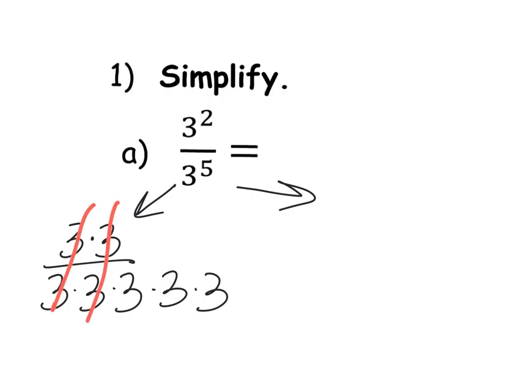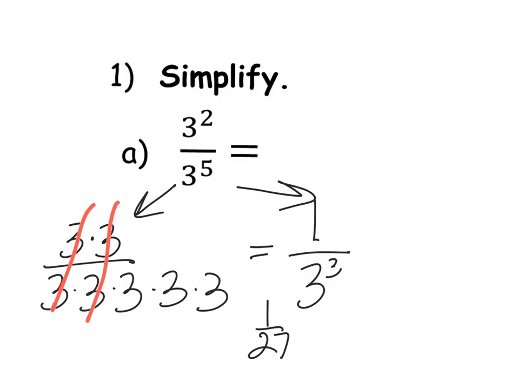Gone, gone. So what's left? They're at the bottom. What's on top? 1. Perfect. So that's the expanded way. That's the answer: 1 over 3 to the third. If you want to put 1 over 27, that's fine.